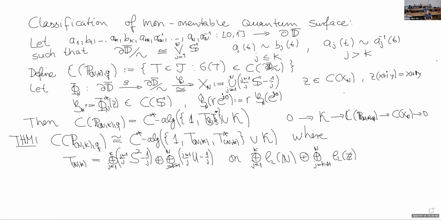I was completely unnecessarily explaining that Z should be the quotient, a compact non-orientable surface. That's absolutely unnecessary because these star algebras are isomorphic, so I don't have to care about it. Any arrangement will be fine.